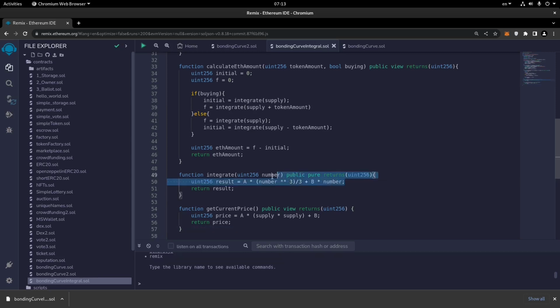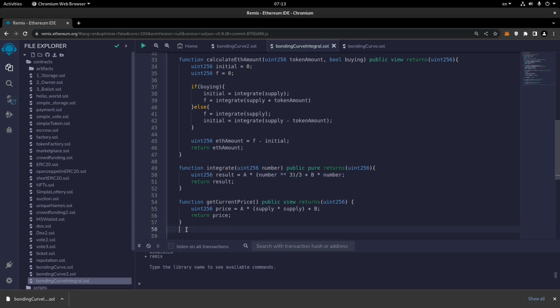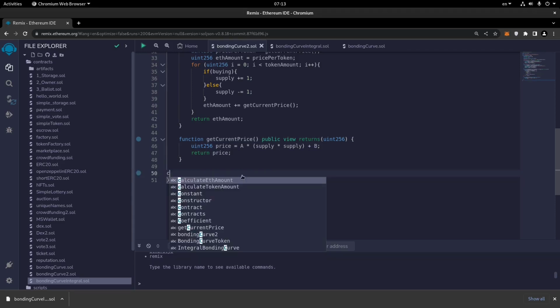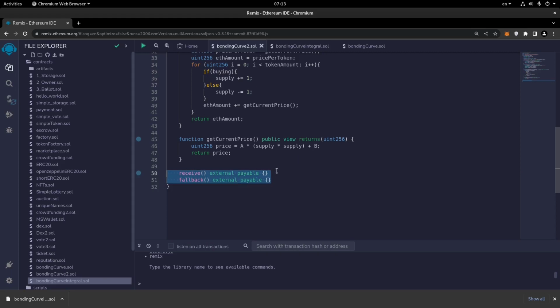So this sentence right over here is the integral of this sentence, and this sentence is the derivative of this sentence, right? So anyway, all we need to do right now is to also copy and paste the receive and fallback functions, and then that's it. We will have the smart contract completed.